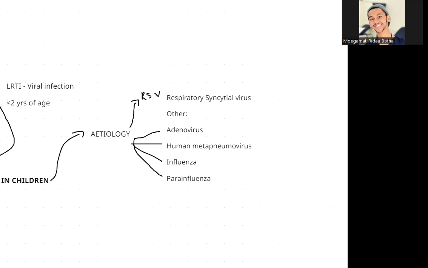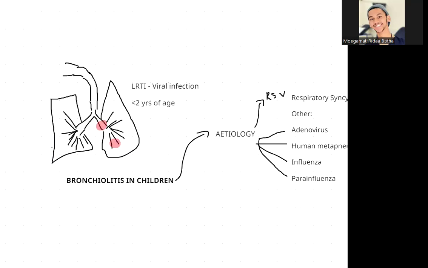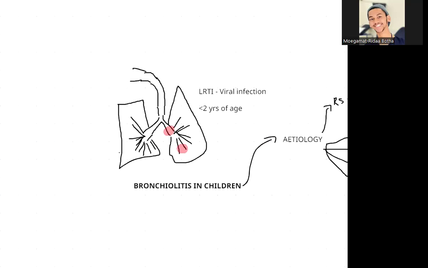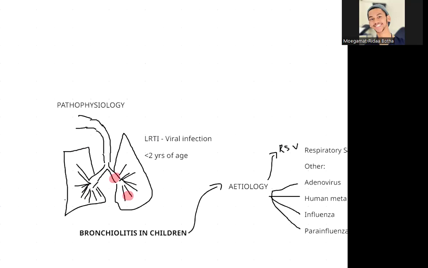Okay. So in terms of the pathophysiology, again, we said that it results from inflammation. The key word is inflammation of the lining epithelial cells with small areas in the lungs causing mucus production.